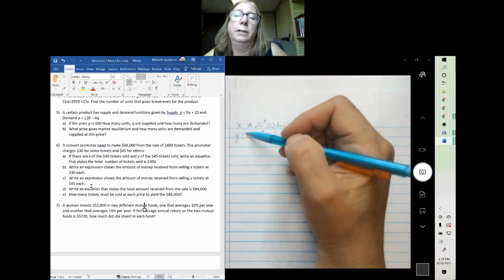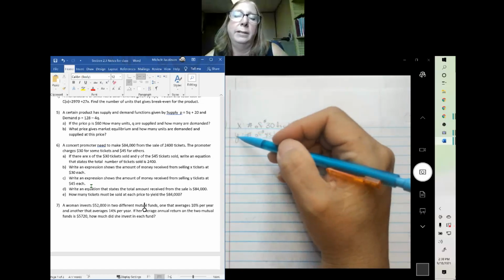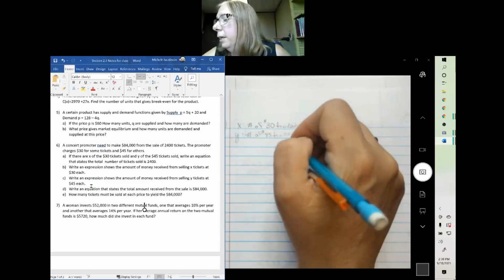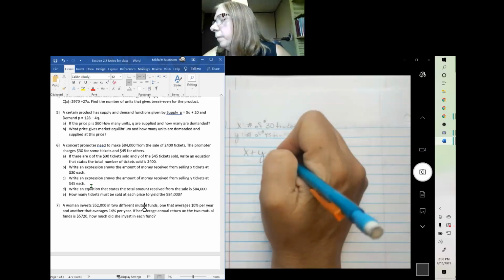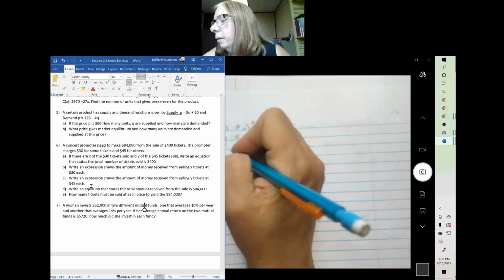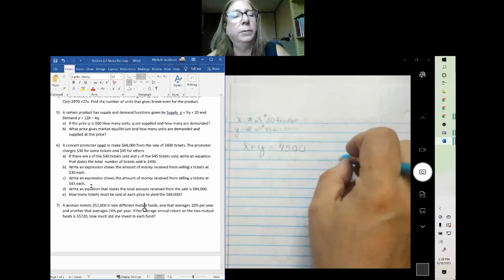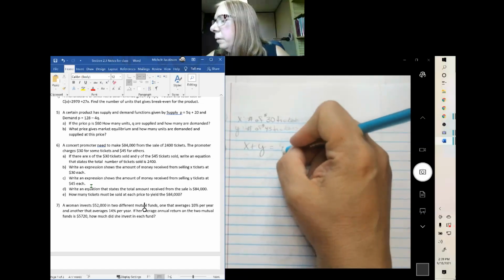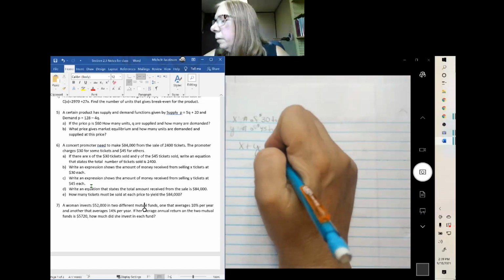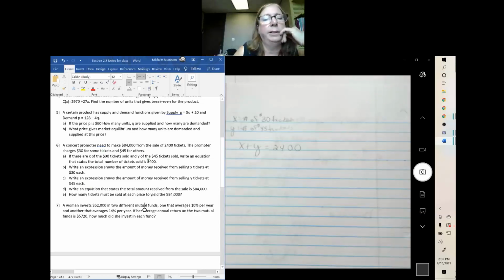So the total number of tickets is this, because X is the number of $30 tickets, Y is the number of $45 tickets. If we add them together, they should equal the total tickets, which was 2,400. It says it in part A right here, but it also says it at the top.